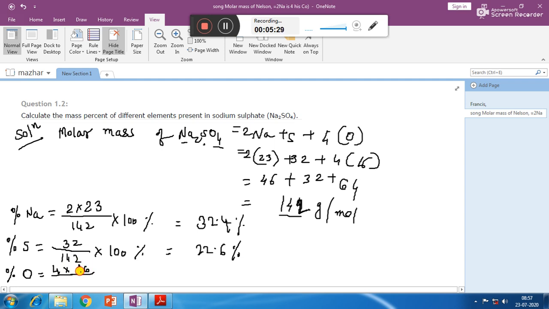So 4 times 16 divided by molar mass of sodium sulfate, that is 142, into 100%. So our final answer will be 45.05%. So these are the three answers of the percentage of elements.